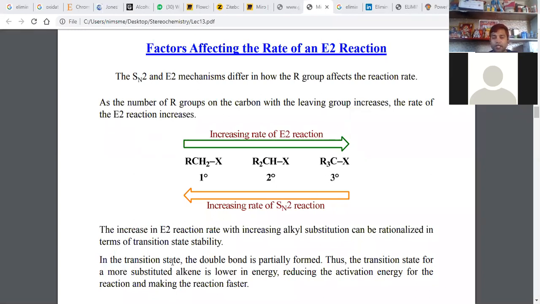In the transition state, the double bond is partially formed. Thus, the transition state for a more substituted alkene is lower in energy, reducing the activation energy and making the reaction faster. Understood?